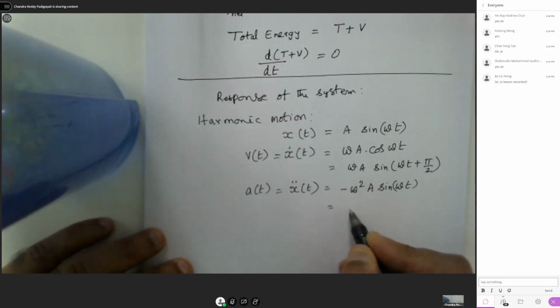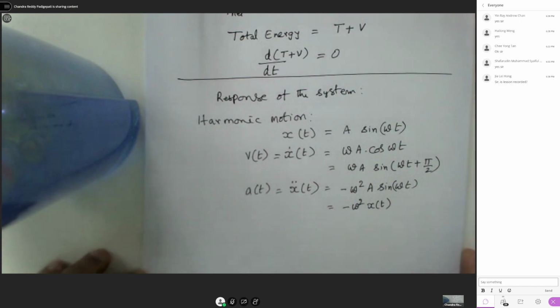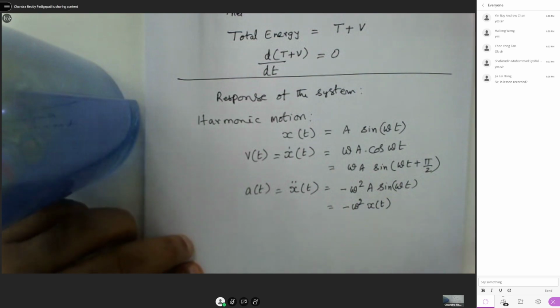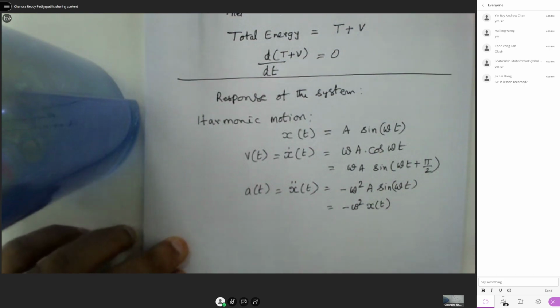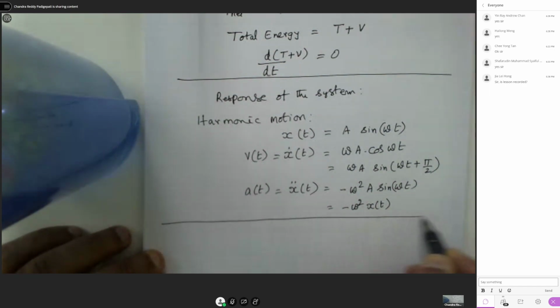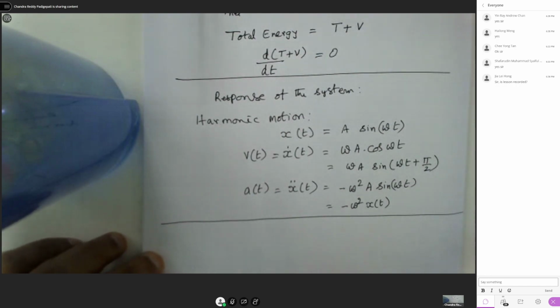We can also write this as negative omega square times x of t, replacing A sine omega t with the displacement. So this is basically related to harmonic motion.